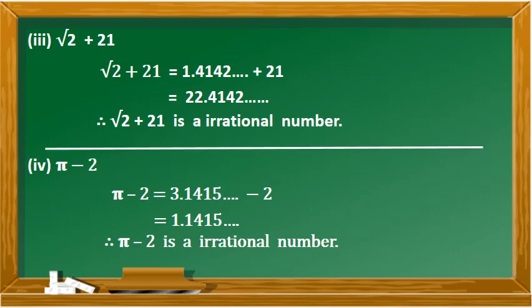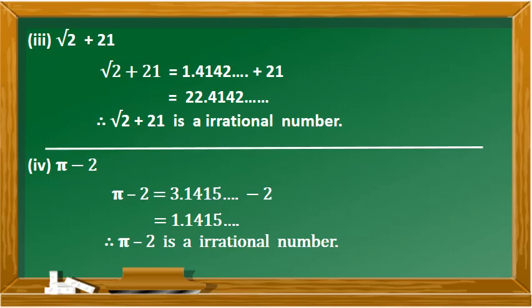You know very well, when you add a rational number and an irrational number, as you have learnt in the notes, you will get an irrational number. So when you have added this, the solution is 22.4142... Therefore, square root of 2 plus 21 is an irrational number.